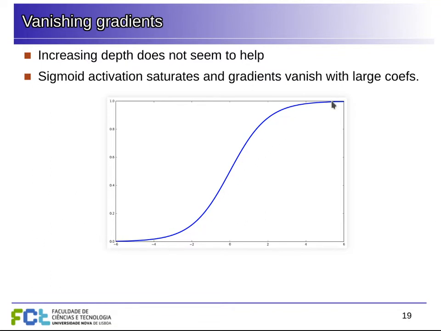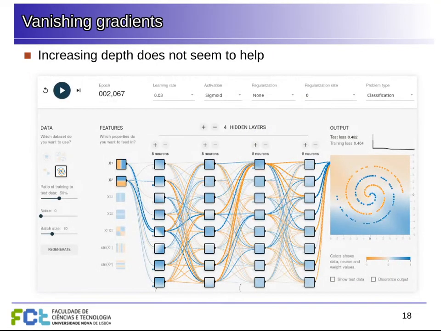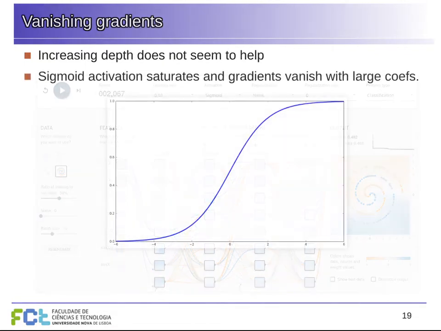When this happens at some neuron in our network, all those chained derivatives, all those products, will start falling to zero, and the training slows down and stops. So even if we add more layers, we increase the power in theory of our model to classify these kinds of examples, but in practice we are also making it harder to learn, because now we are chaining more sigmoid activations, and eventually we drown all the derivatives, everything goes to zero, and the model doesn't learn anything.